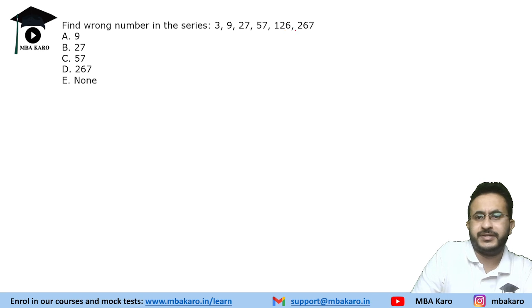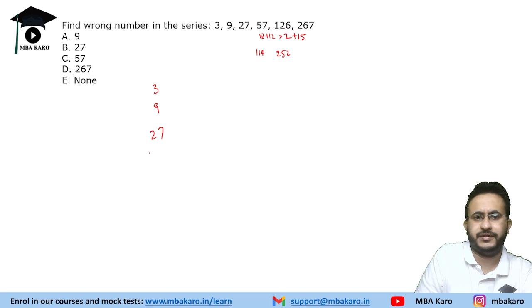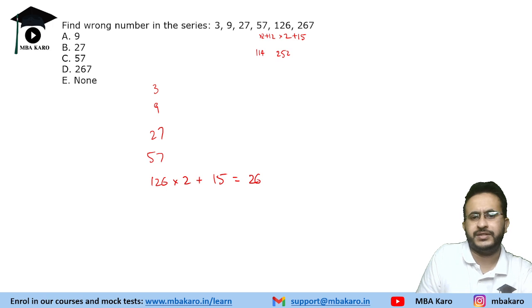So 126 into 2 is 252. So we are adding 15 over here. 15 into 2 is 114. We are having plus 2, 12. So we have 3, 9, 27, 27, 126. 1 into 2 plus 15 is 267.